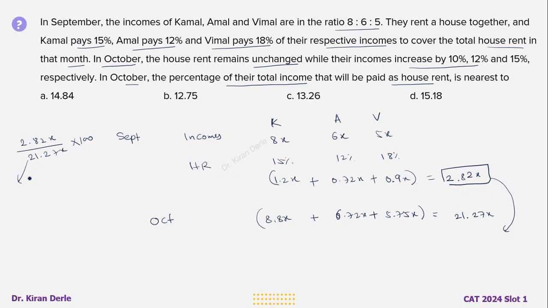So we know 10% of the denominator is 2.127x, right? X will get cancelled, so just nullify this. Okay, 10% is this. We have options 14, 12, 13, 15. So I can simply think of 3%, right? 3% of this value. We know 1% is 0.2127.